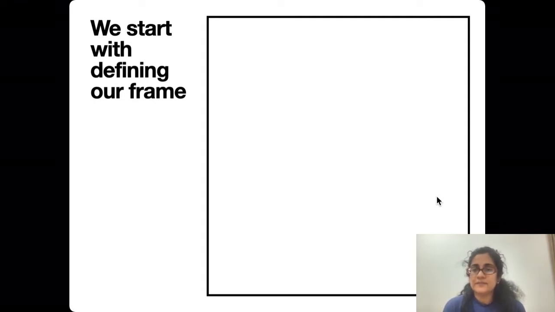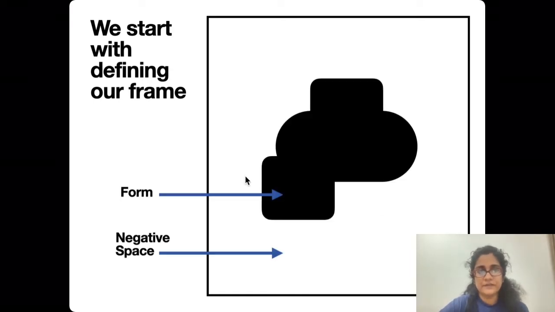After you do that, the next thing you have to think about is the form. How does that work? Let us say you've already defined your frame. Now, the primary central object that you put in the middle of that frame is called your form. Your form can be anything. It can be a picture, it can be any composition, it can be a collection of shapes, it can be any object, but that is the central focus of your object.